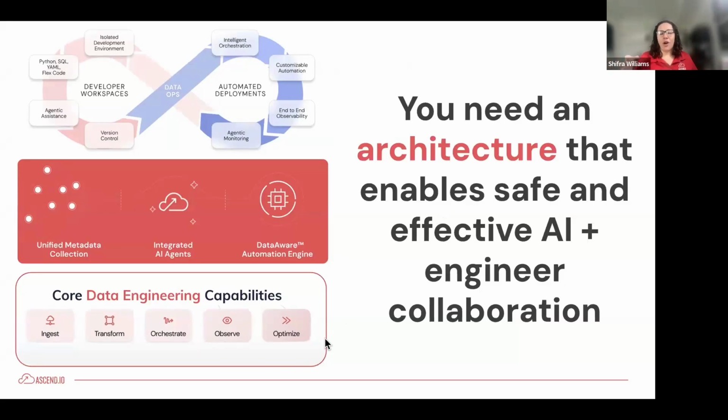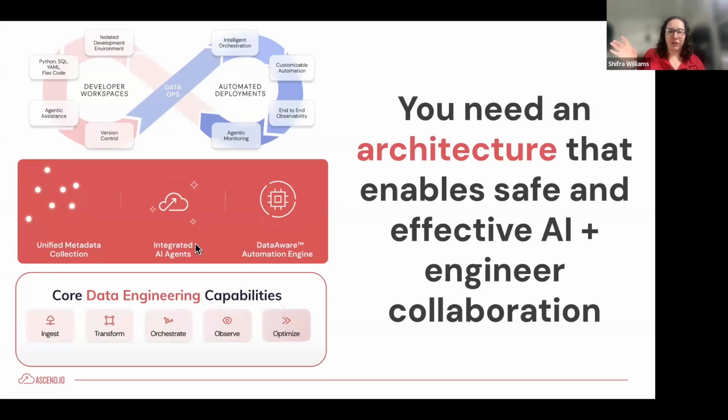Right. So once you have all of that ready to go, now you can build something even bigger and more powerful on top of that. And with these unified capabilities, you're now able to do unified metadata collection across all of these capabilities. That metadata can then serve as context for integrated AI agents. And we're going to talk a lot about context here, so put a pin in that and stay tuned.